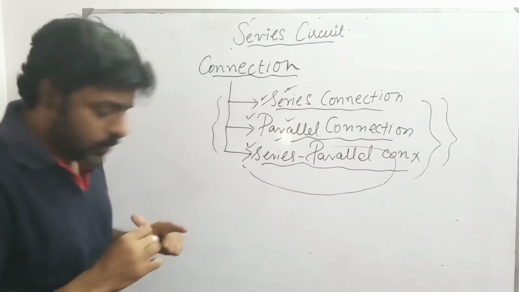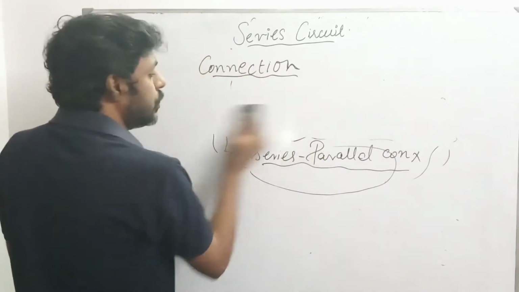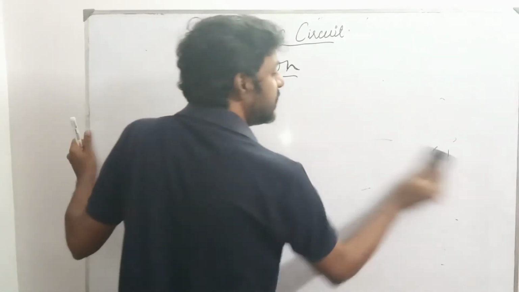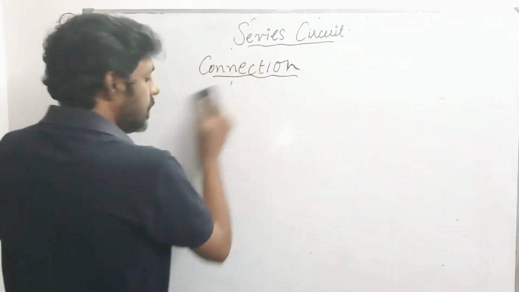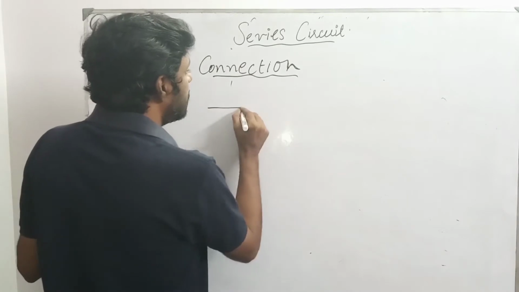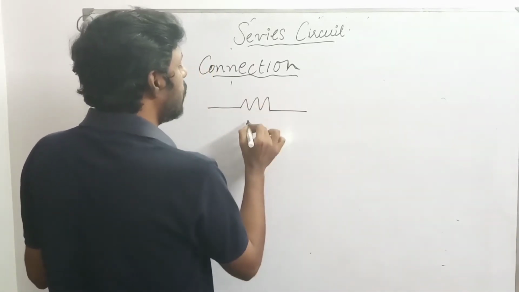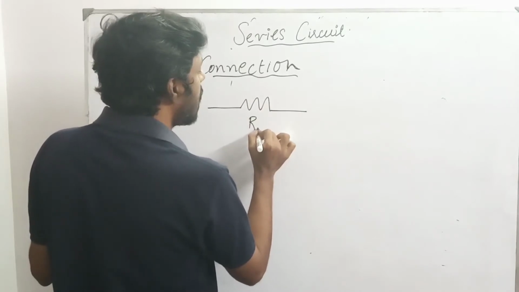I'll draw one basic circuit which you have seen in your lower classes, called a series circuit. How does the series circuit look? This is a resistor. Let us assume that its value is R1.